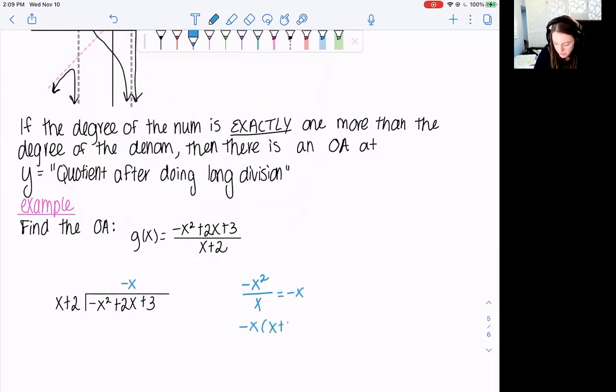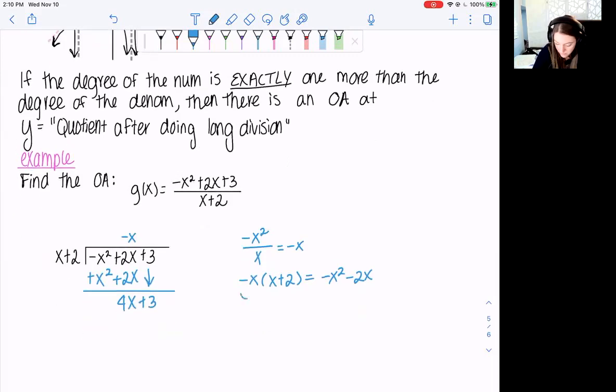Take negative x and multiply it by your divisor. You get negative x squared minus 2x, and then we change the sign, plus x squared plus 2x. We get 4x plus 3. We're taking the leading term of what's left over, dividing it by the leading term of the divisor, which is x. We get 4. And we could actually just stop right here.